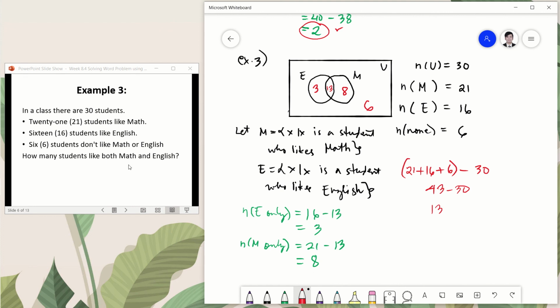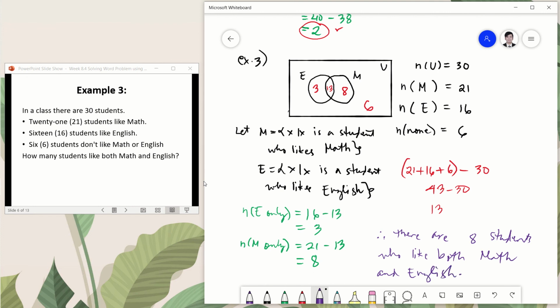So to answer the question, how many students like both math and English? By the way, the three dots that look like the edge of a triangle mean "therefore." So we say, therefore, there are 8 students who like both math and English.